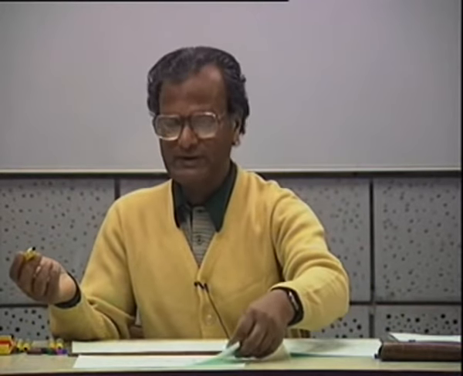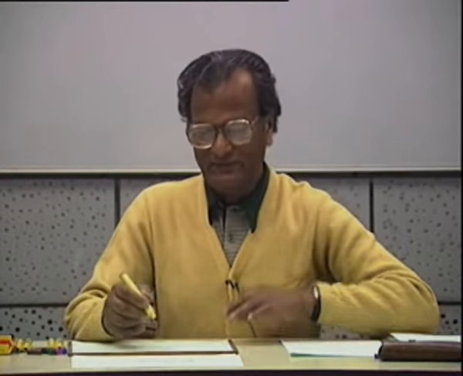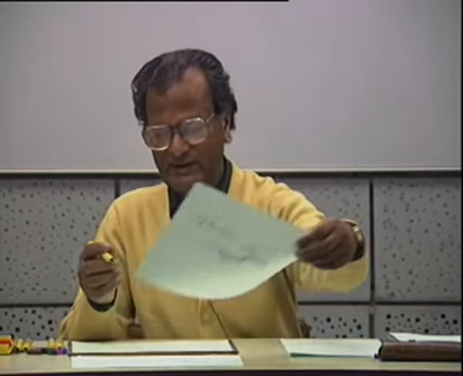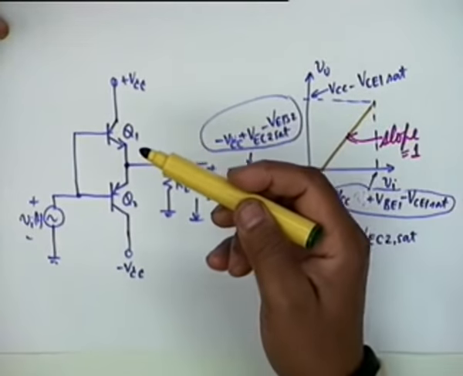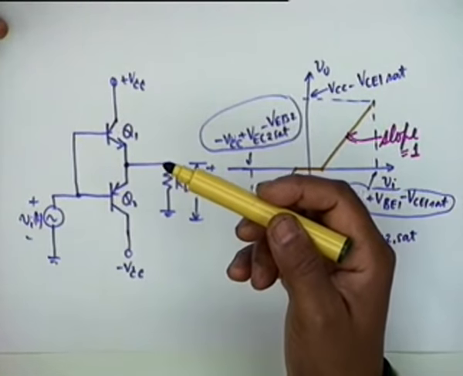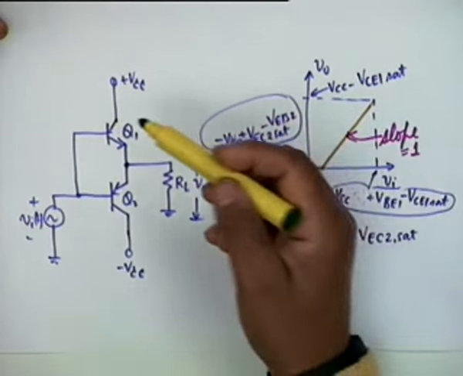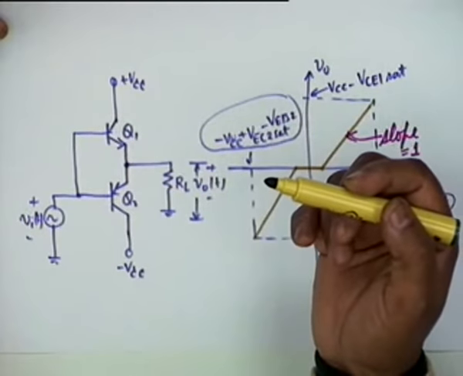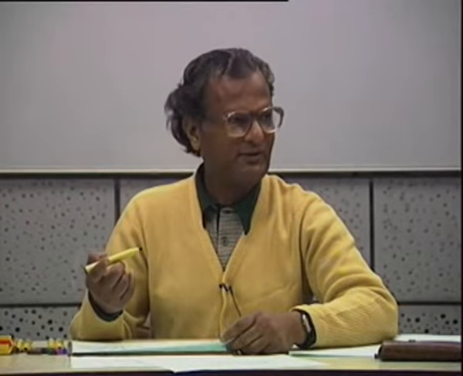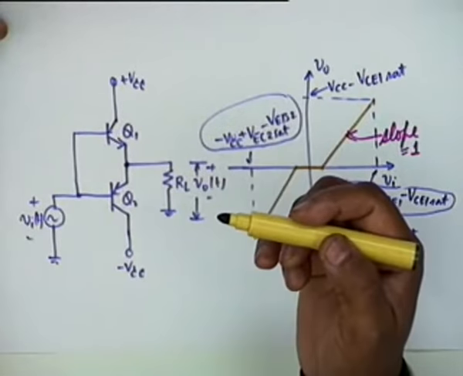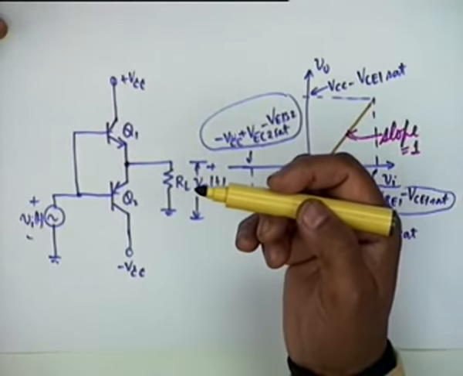Now this cannot be tolerated in sophisticated applications, and therefore we have to find a way to get over the crossover distortion. And the obvious solution is that if in this complementary symmetry circuit the NPN transistor could be biased at 0.7, that is, if VBE1 was plus 0.7, then obviously this transistor shall never put a dead band.